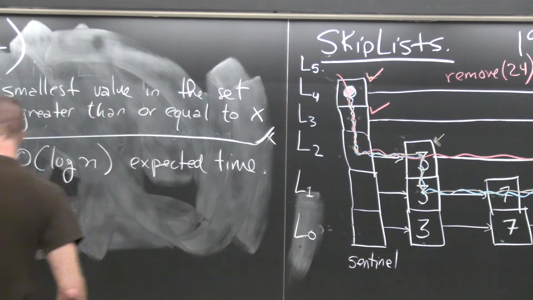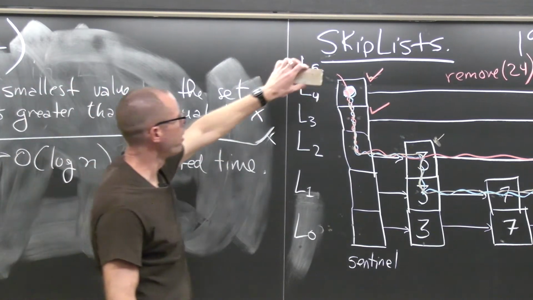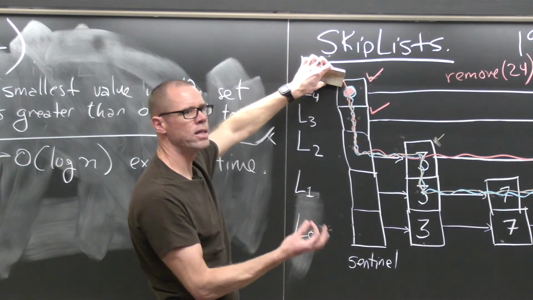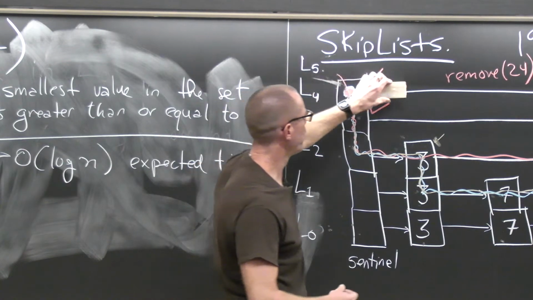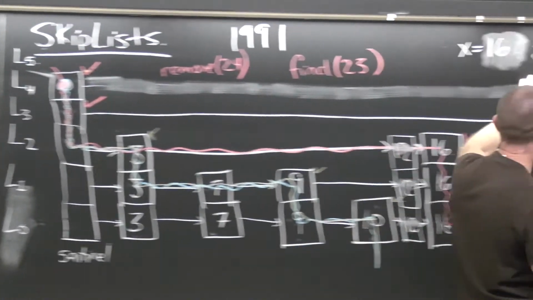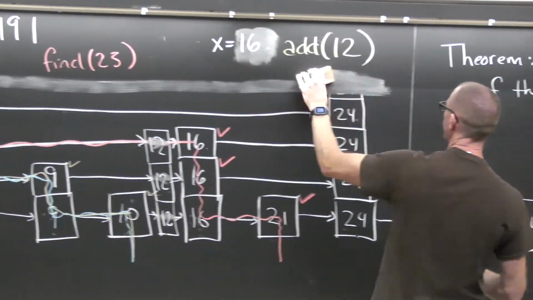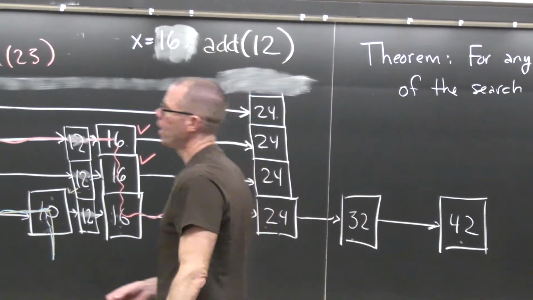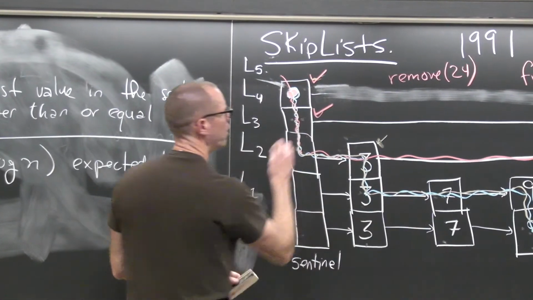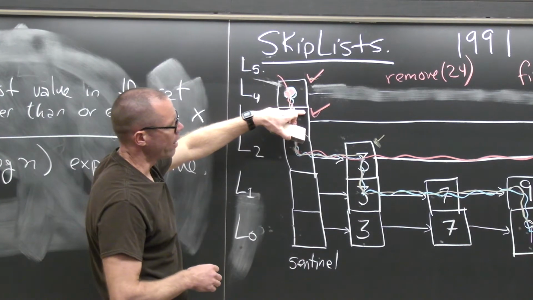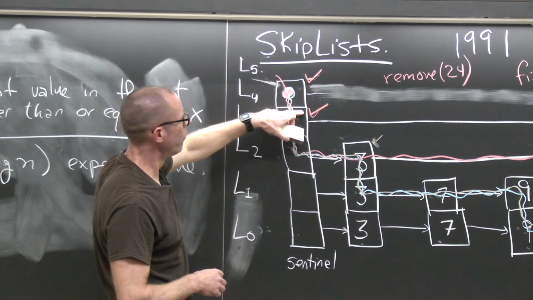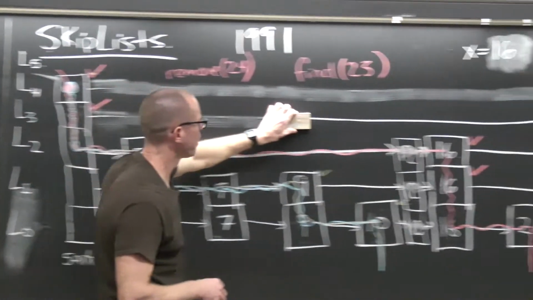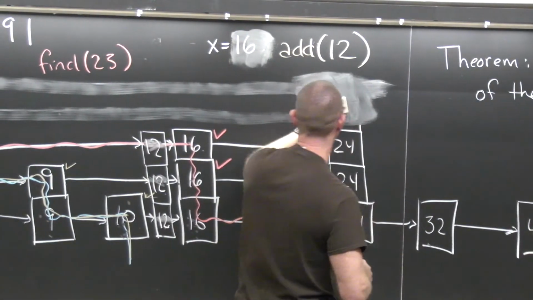So top down, I start here, I look to the right, I see the thing that I'm trying to remove. So I cut this link and move down to the next node. Here to the right, I see this thing that I'm trying to remove. So I cut this link and down to the next node.